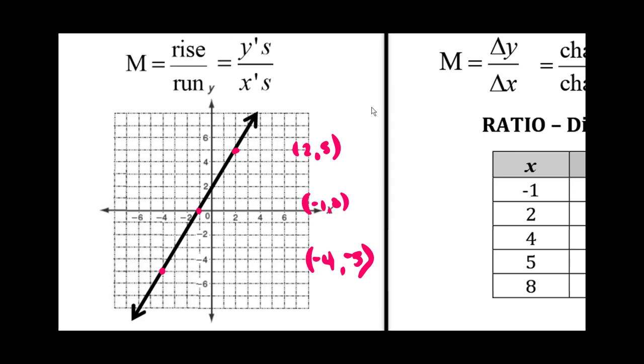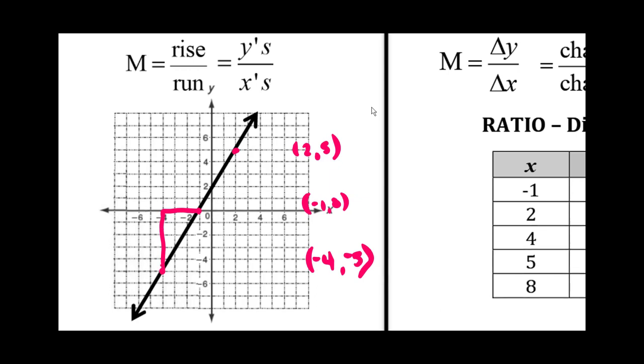Now, what we do is we're going to draw right triangles connecting our dots, and then we're going to count the vertical side and the horizontal side, and we're going to write that as a ratio. Vertical side first, that helps me. If I draw the vertical side first, that will help me make sure that I put that as my numerator.